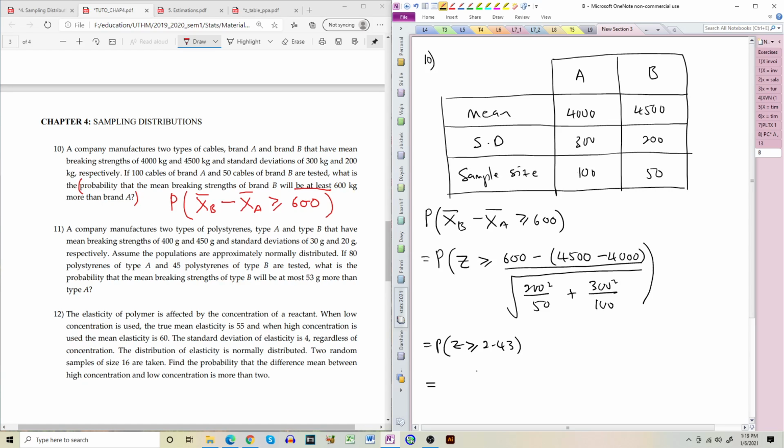If you do this, you will get 0.00755. That is the answer.